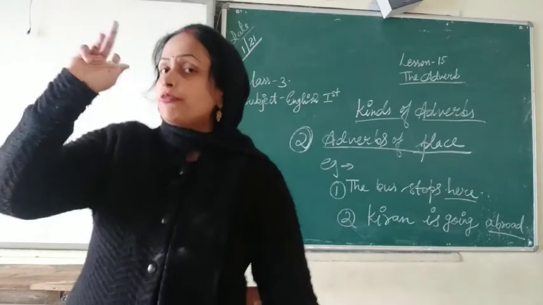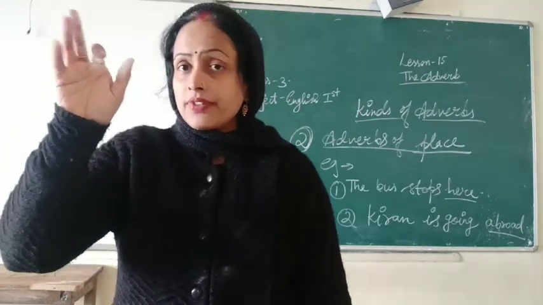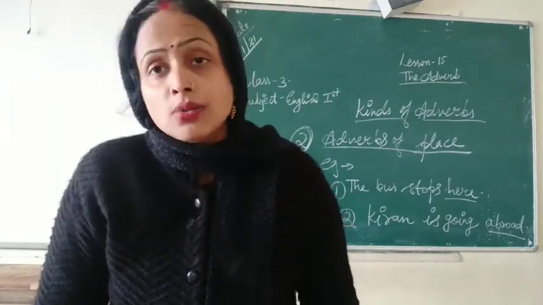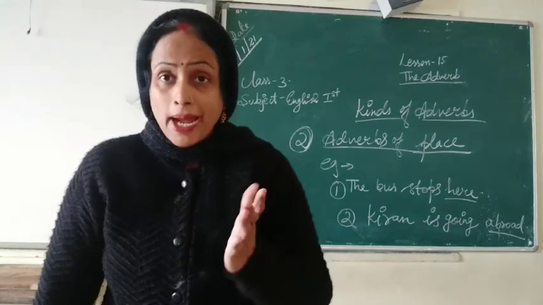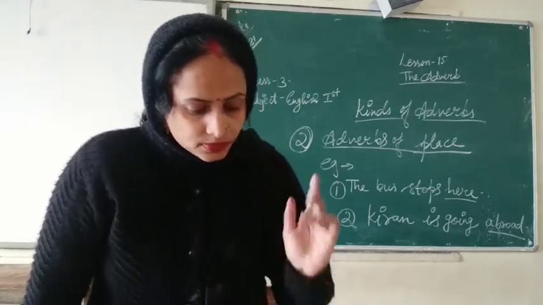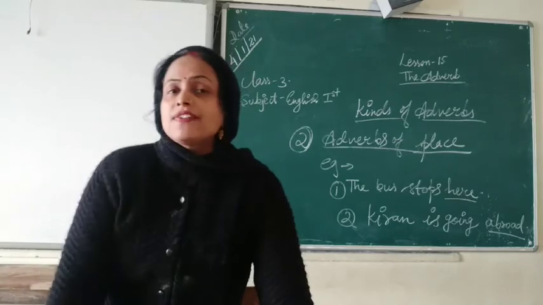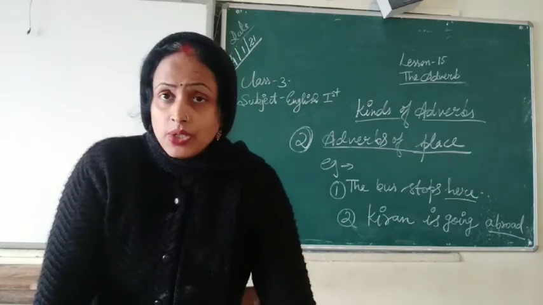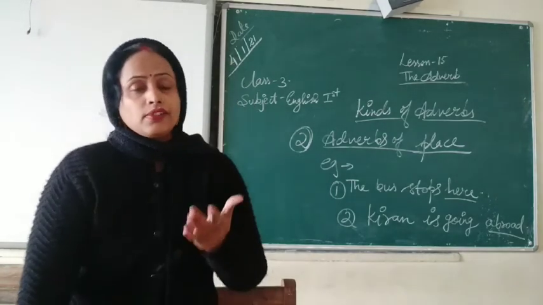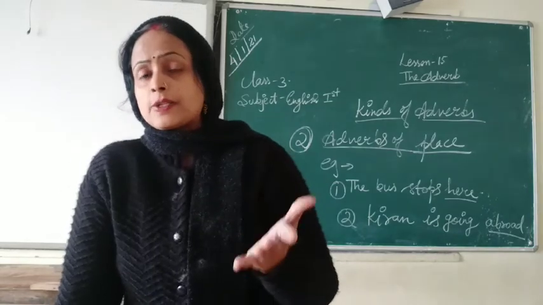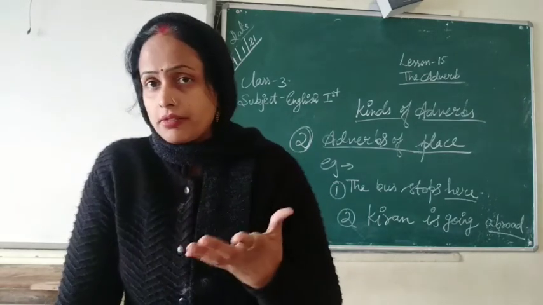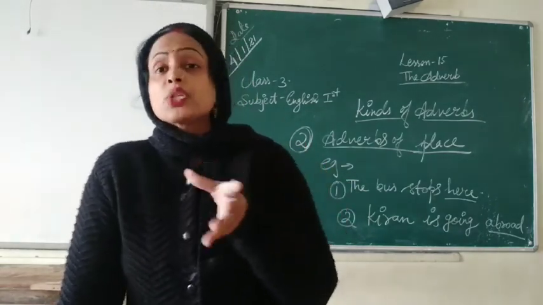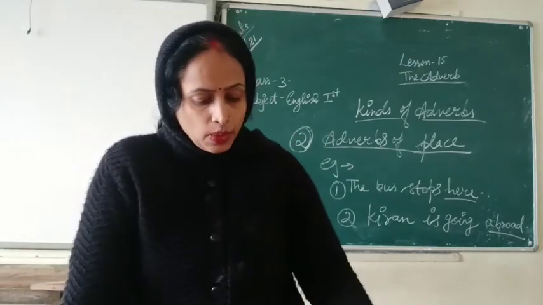Suppose here, adverb of manner we have read, no? Already we have read. So it tells us about how the action takes place. Manner, how. And second, what we have read, adverb of time. So it tells us when. It means when the action takes place. So we are asking the question when in this adverb of time.